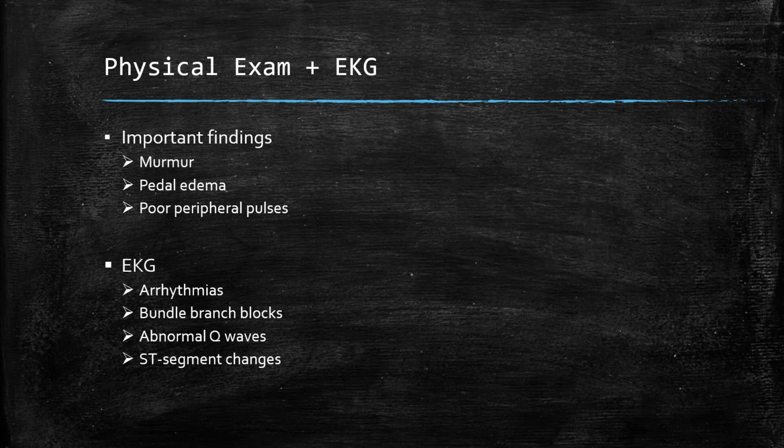Any patient with cardiac symptoms needs an EKG. Important findings to note include arrhythmias, bundle branch blocks, abnormal Q waves, or ST segment changes. If any of these are present, usually it will require a referral to a cardiologist for additional evaluation.